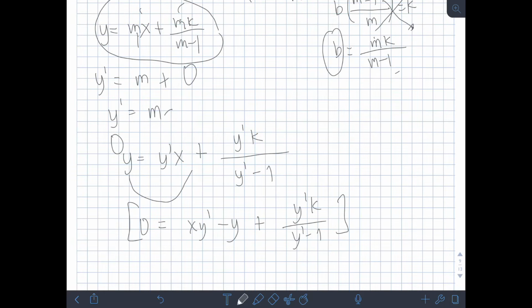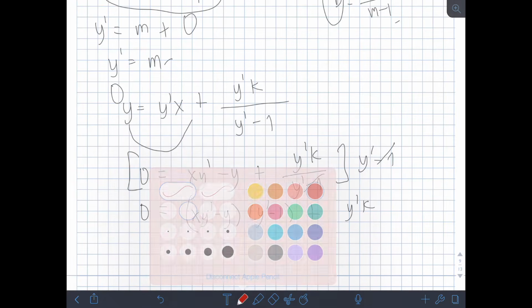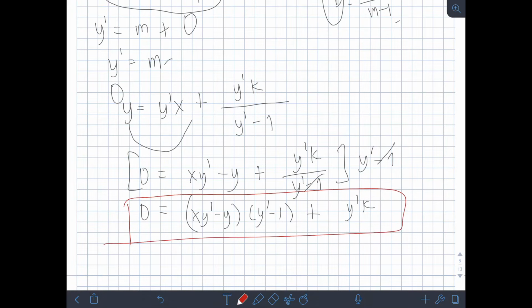Tapos, multiply natin both sides of the equation by y prime minus 1 para mawala yung denominator. So, parang 0 is equal to xy prime minus y multiplied by y prime minus 1 plus, ito, makakancel, y prime k. Okay, so therefore, this is the final answer. Na-eliminate na natin yung constant na m.